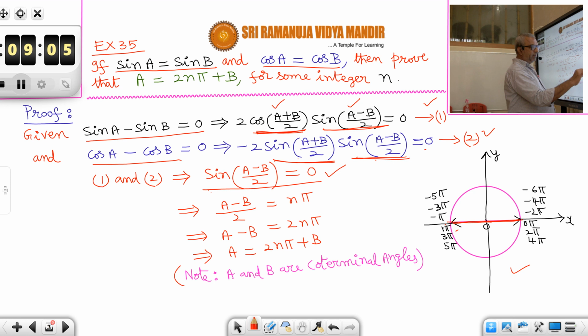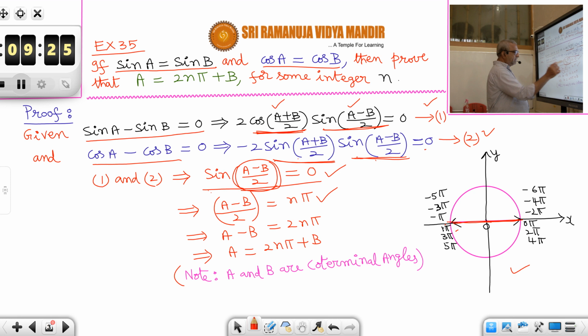So therefore, for sin((A−B)/2) to be 0, (A−B)/2 should be an integral multiple of pi. It need not be 0, it can be any integral multiple of pi. So n pi, where n is an integer. Then multiply by 2, so A minus B is equal to 2n pi.